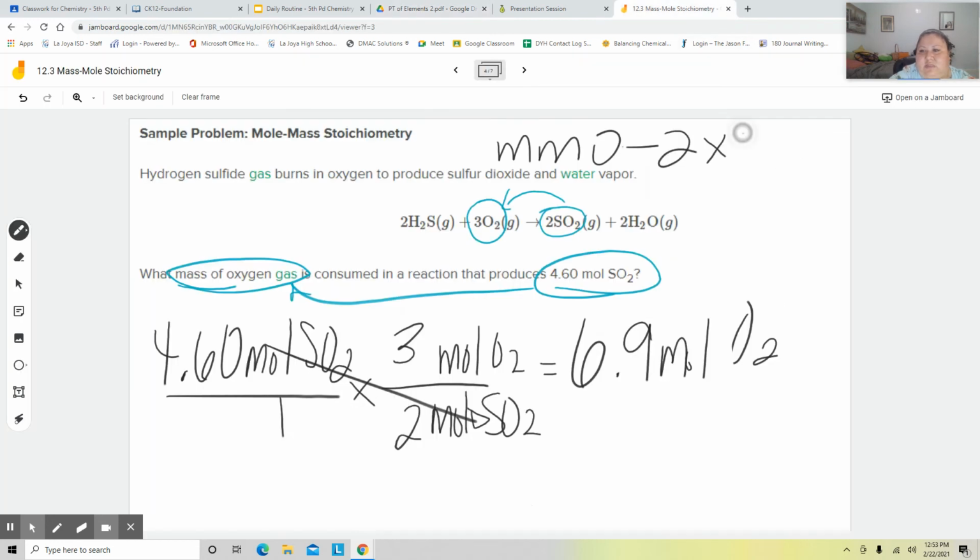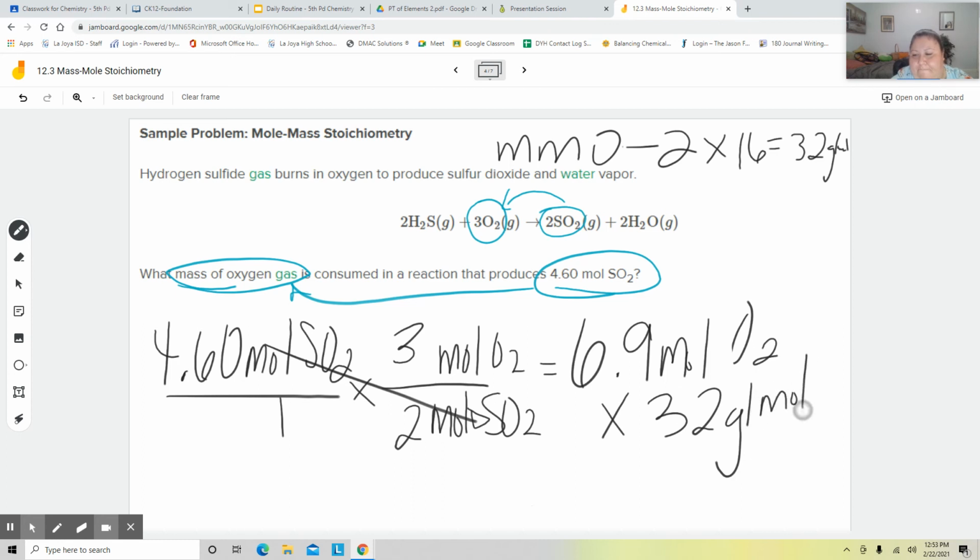So 2 times 16, that's easy math. Grams per mole. And instead of dividing, we need to multiply. And then we'll be able to get our final answer.